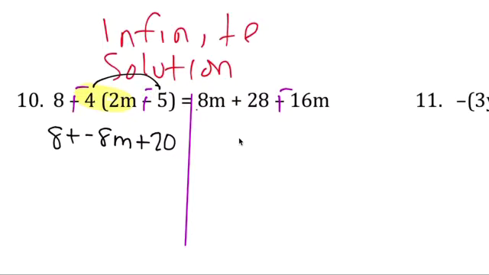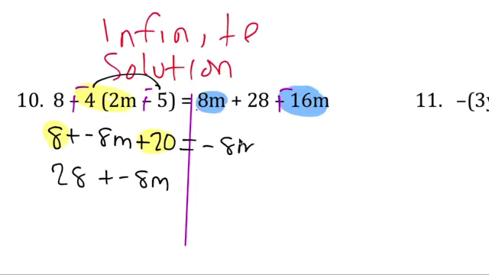Combine these together, you get 28 plus negative 8m. On this side here, you got these two, that's the same, so that's negative 8m. You combine them to get negative 8m, that's 28, and you just bring it down, negative 8m plus 28.